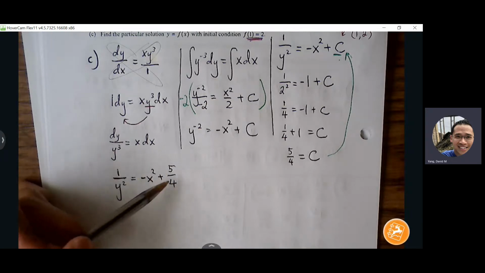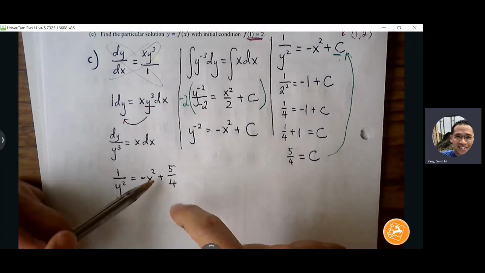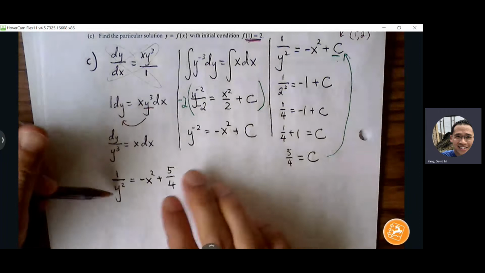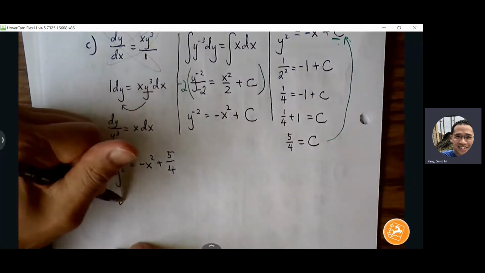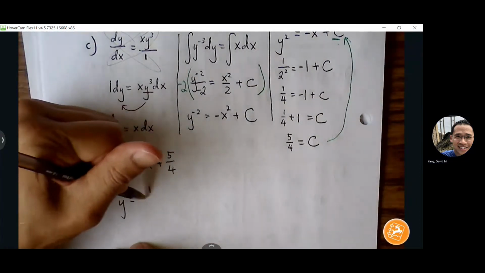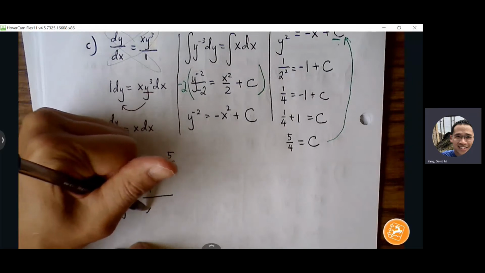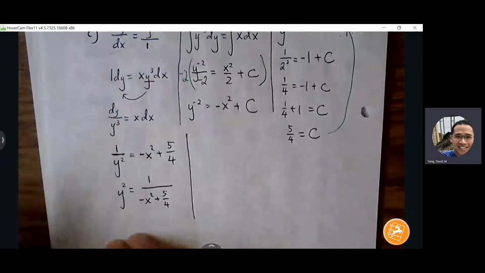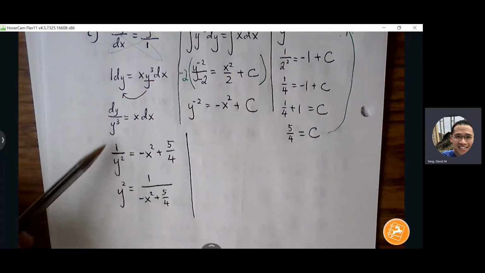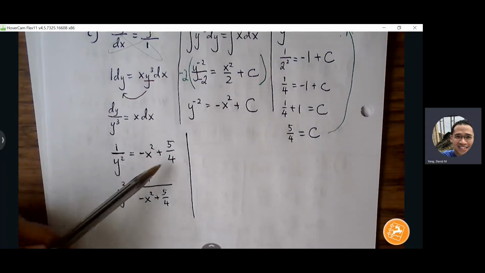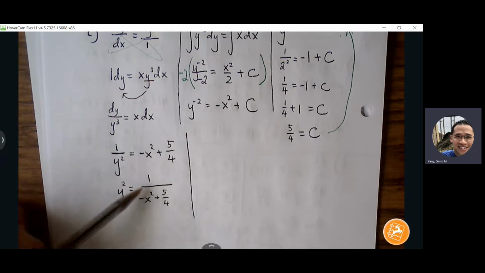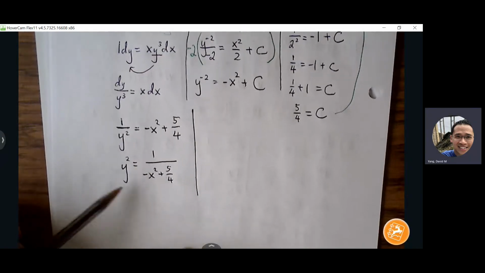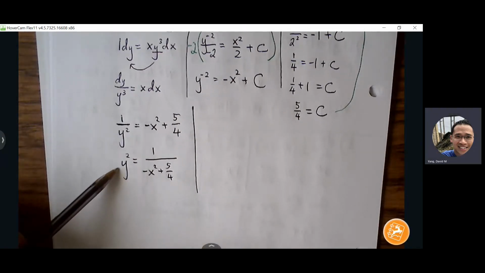I need to take this whole thing and put it in the denominator, right? So I'm going to flip both sides, but it's going to be a little bit messy, but we don't have to have a very cleaned up equation as long as we have the correct one. So if I flip the left side, I can also flip the right side, make this whole thing go in the denominator.